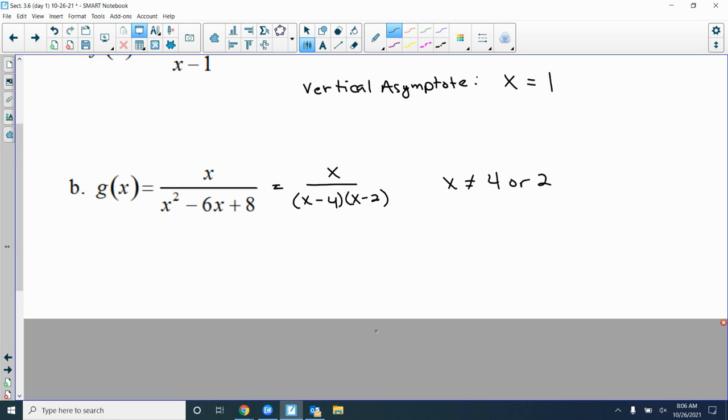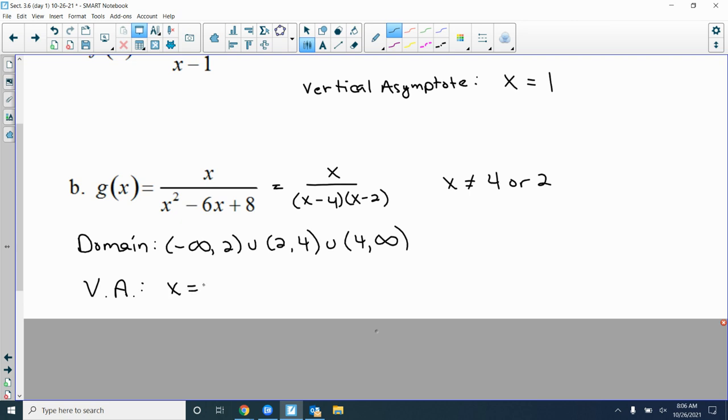So the domain: negative infinity, the first one I come to is 2, so negative infinity to 2, union 2 to 4, union 4 to infinity. For vertical asymptotes, I'm just going to abbreviate it VA: x equals 2 and x equals 4.